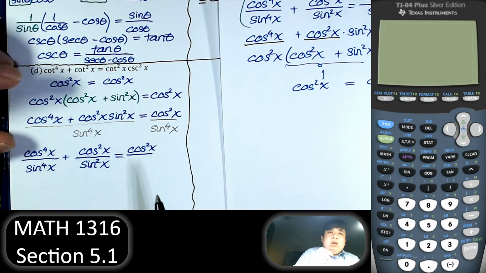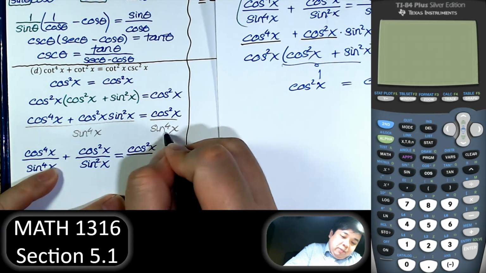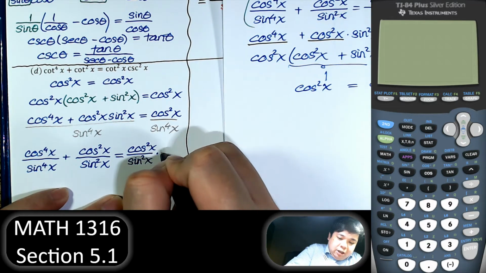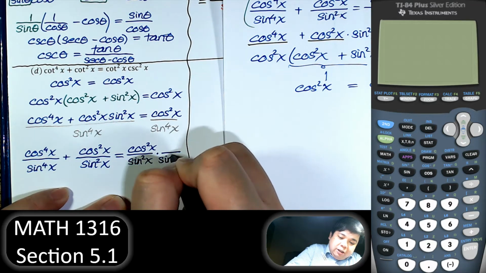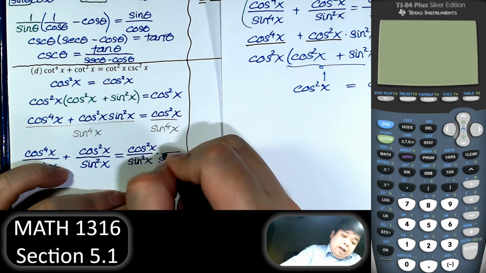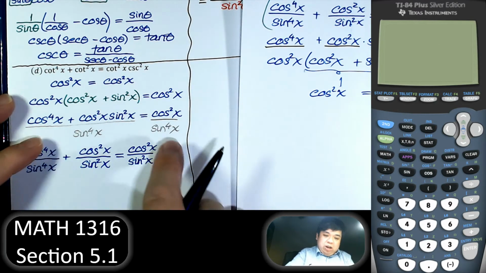Of course, we cannot simplify anything on this side. But what we can do is write sine to the 4th as sine square times sine square, right? Those two multiply together to give sine to the 4th. And then we just need to put 1 on top to hold the fraction. So we have a fraction.